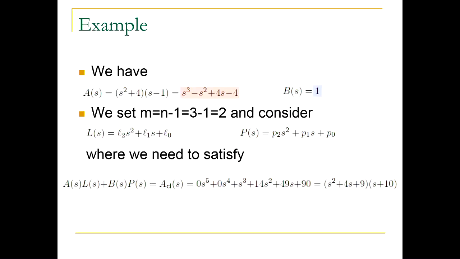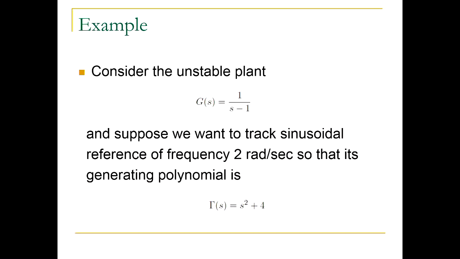So what do we do? Well, we first write out the augmented plant denominator polynomial A. I multiply S squared plus 4 with S minus 1. S squared plus 4 comes from the class of references I want to track, and S minus 1 comes from the plant model. The polynomial B is on top, and that's 1.